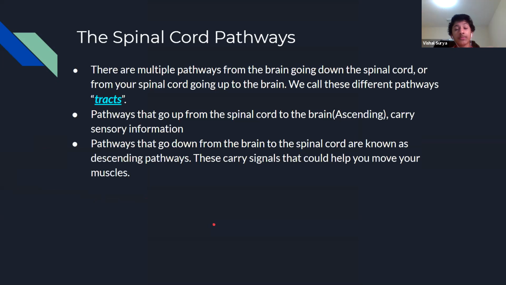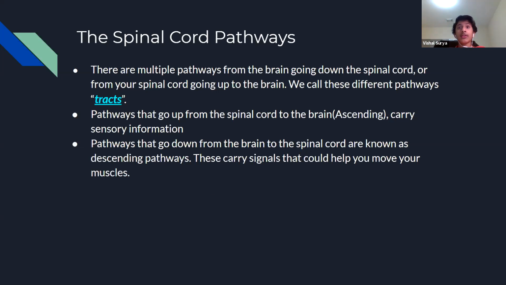Now we'll learn about the spinal cord pathways. So there are multiple pathways from the brain going down the spinal cord, as we've seen, to help you move, or from the spinal cord going up to the brain, for example, to learn about different senses. We call these different pathways tracks. So pathways that go from the spinal cord to the brain, or they're going up, are called ascending, because ascending means to go up, or ascension.